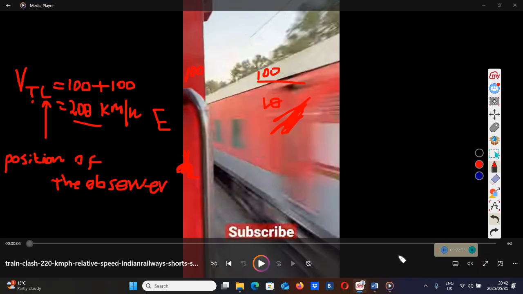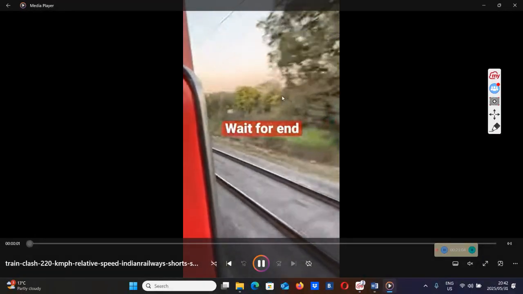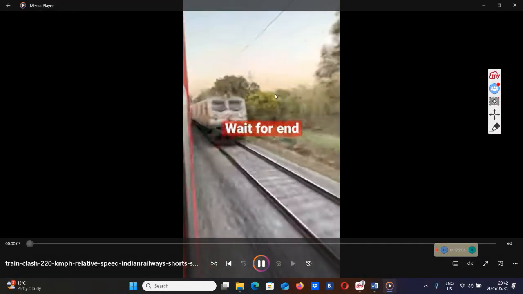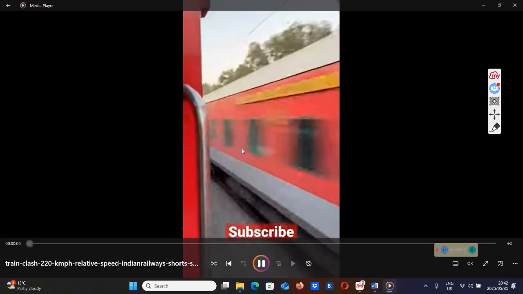So that's what we've observed from this video. So for the last time, the trees are moving slower, 100, then this train is moving fast now, passing quickly. So it appears to be moving at the speed of 200 kilometers per hour.